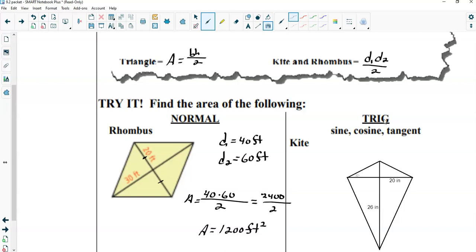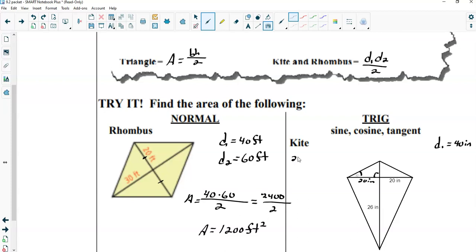Then we have the kite. In the kite, they give us that this is 20 inches. So this short diagonal is being bisected, so this is also 20 inches right here. So one of the diagonals is going to be 40 inches. The other diagonal, I have part of it, but I don't have the other part, this short part right here. Well, we know this is a right triangle. I could use the trigonometric ratios. This is opposite over adjacent, so basically that's going to be tangent.